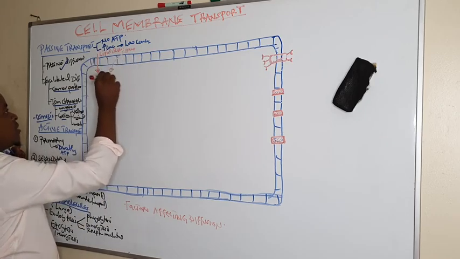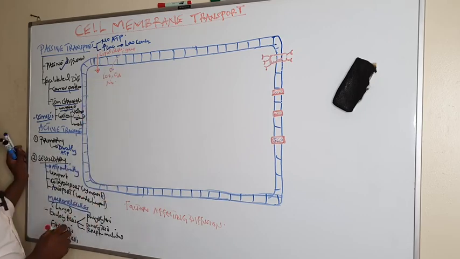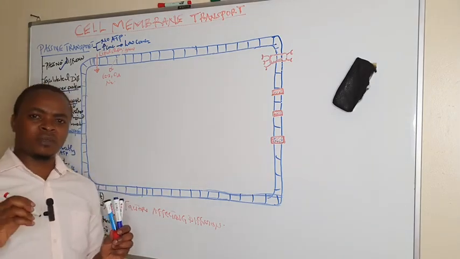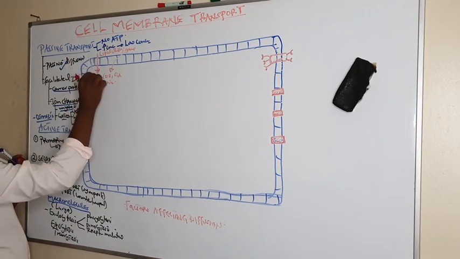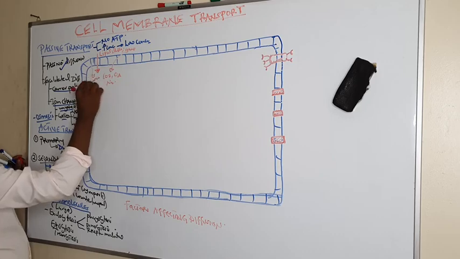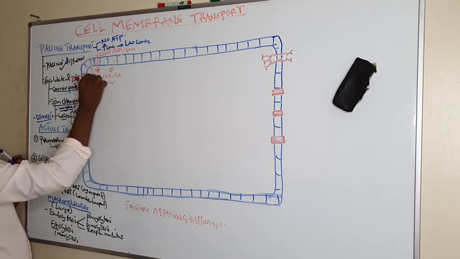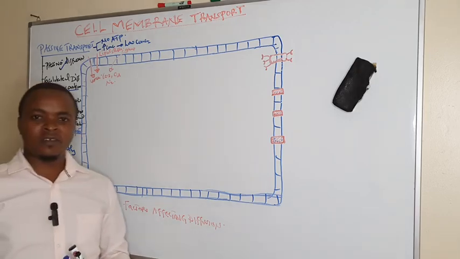Gases like carbon dioxide, oxygen, and nitrogen also enter freely, and other smaller substances like urea, which is very small, can also cross freely by passive diffusion.